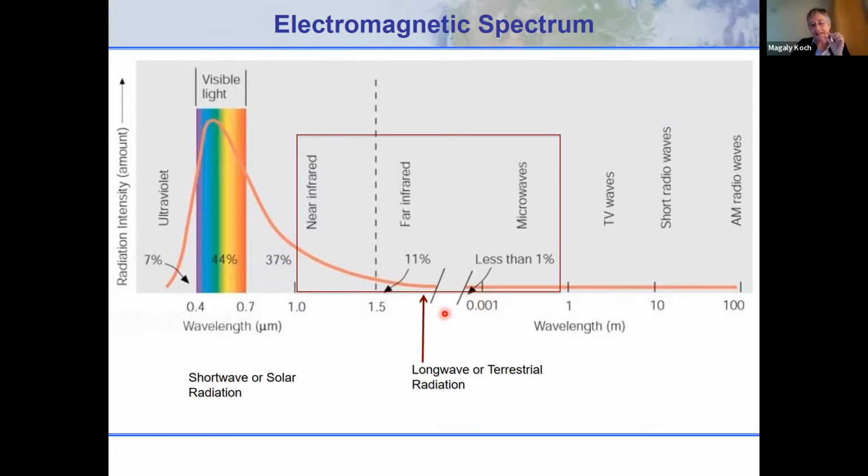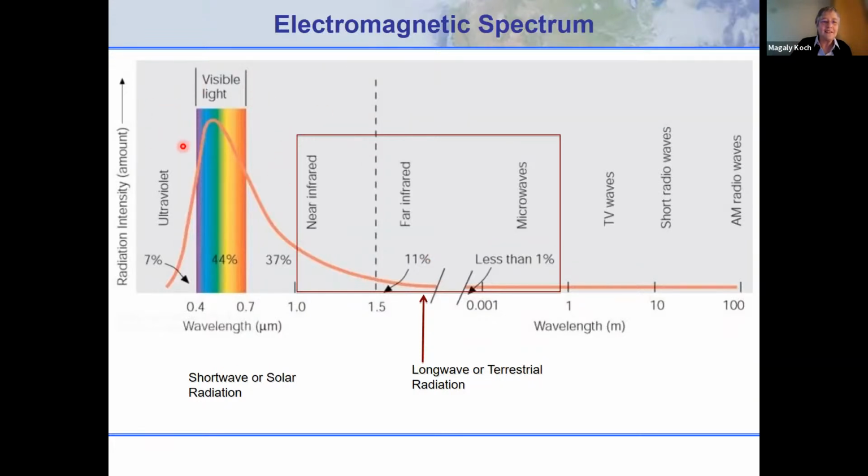But the intensity is less, so it becomes more difficult to measure the returning energy by a satellite, because there's less energy shining over the Earth, so less energy gets reflected back to space.